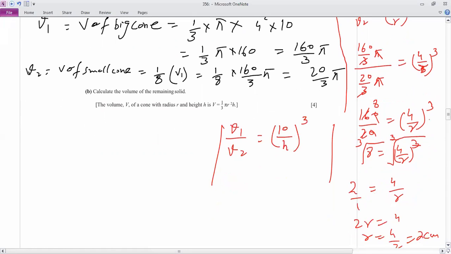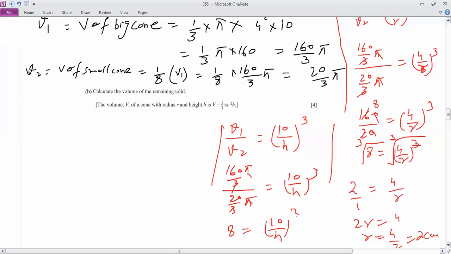Put the values now. v1 is again 160 pi over 3 over 20 over 3 pi equals to 10 over h cube. After cancellation, pi 3 with 3, and this will be left with 8. So 10 over h cube.